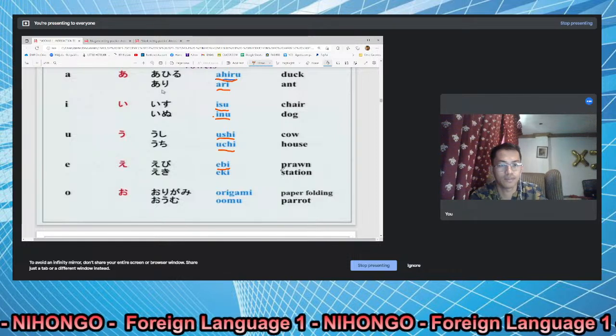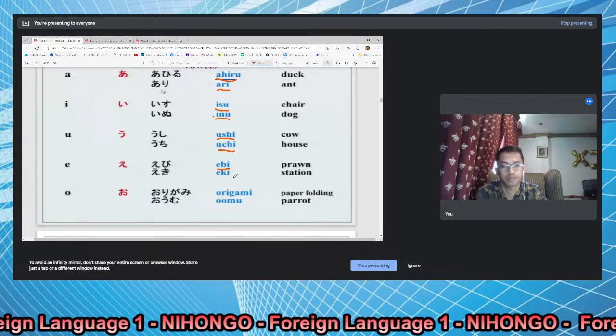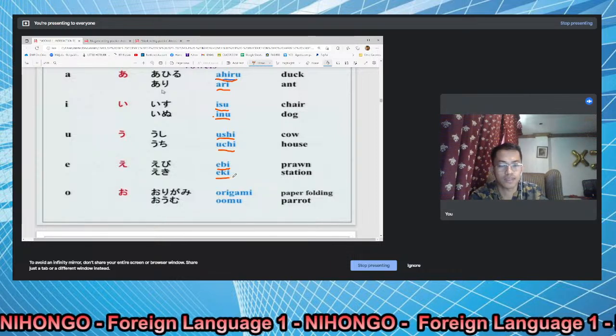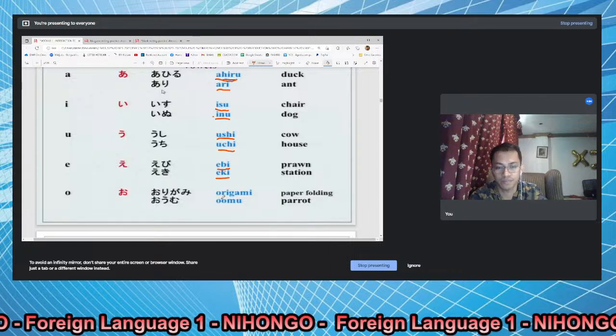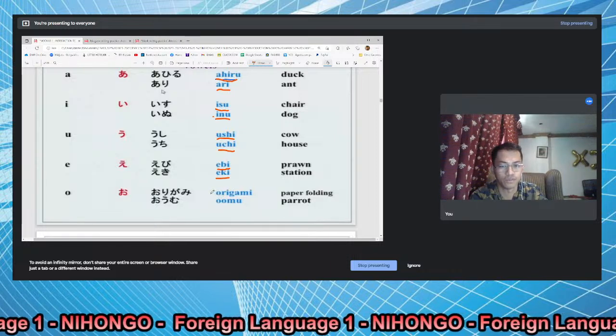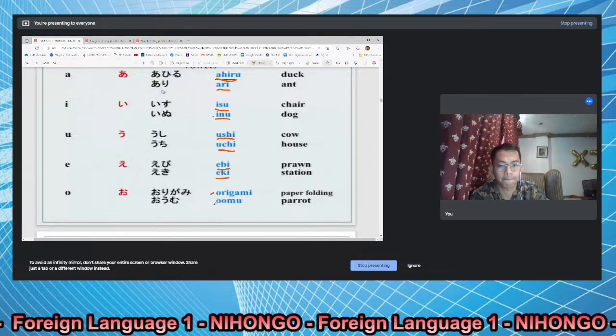Ebi, prawn or shrimp. Eki, station or train station. Ito, this is very familiar to you. Origami, paper folding.